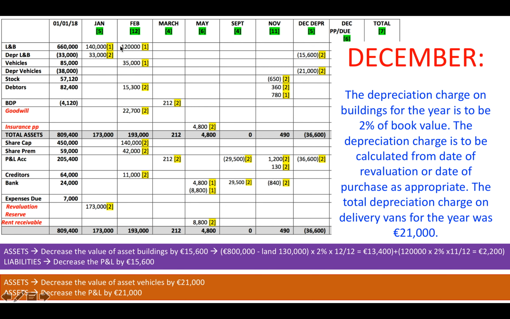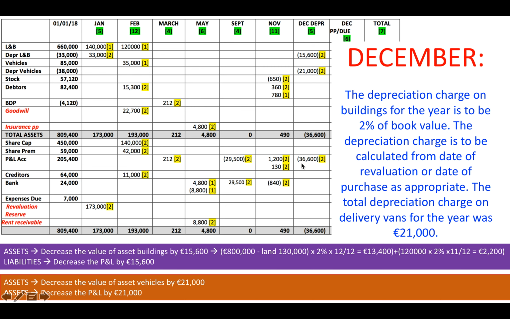Then in February, they bought buildings, they bought new business, but there was buildings included in that. So 120 by 2% by 11 over 12 months, because that was bought in February, and that is 2,200. So 13,400 and 2,200 is 15,600. So the land and buildings, the depreciation there on them, 15,600, and that's only on the buildings.